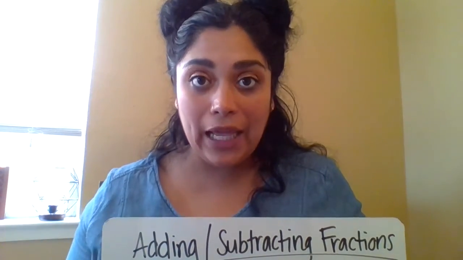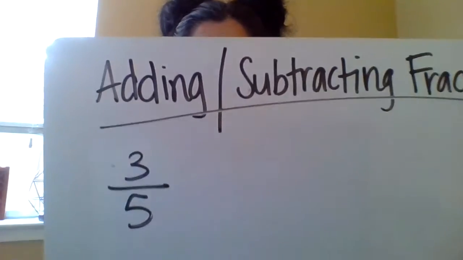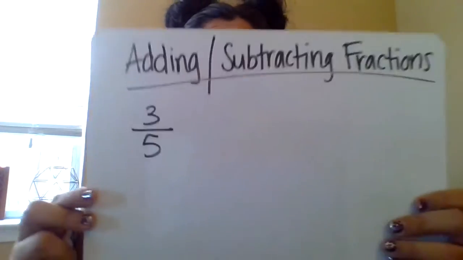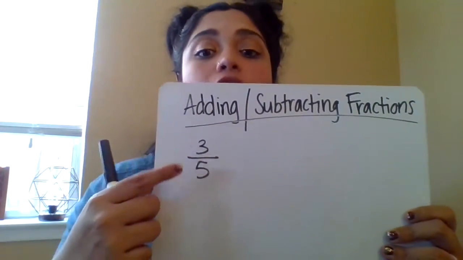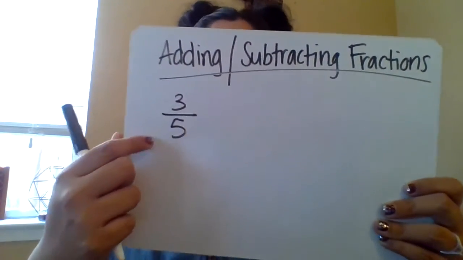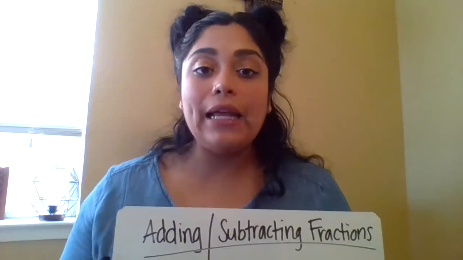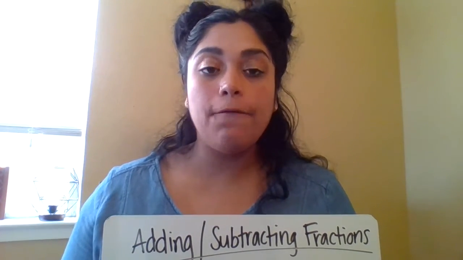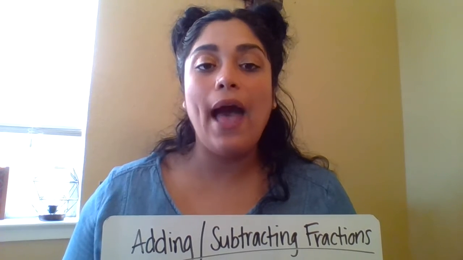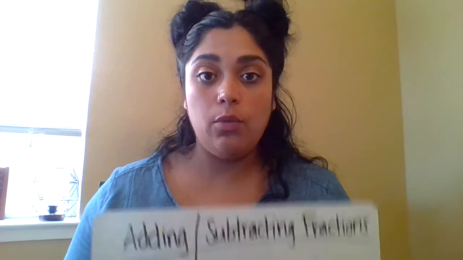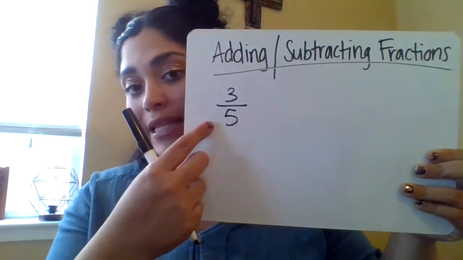And the denominator in this one is, you should have said 5. The denominator is 5. In 3/5, our numerator is 3 and our denominator is 5. Okay, so when you're adding and subtracting fractions, the first thing you need to make sure is that you have the same number in the denominator, which means your bottom number is the same.